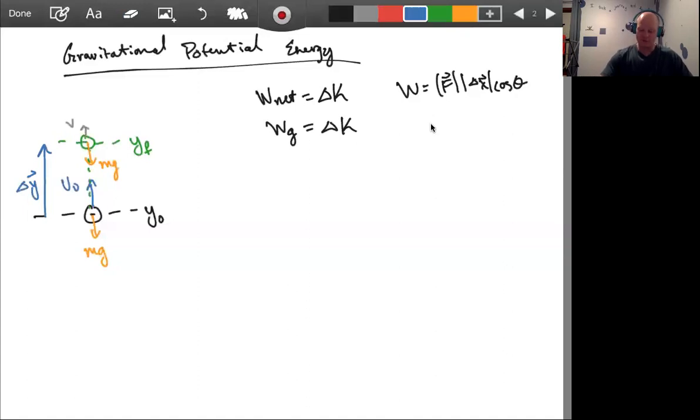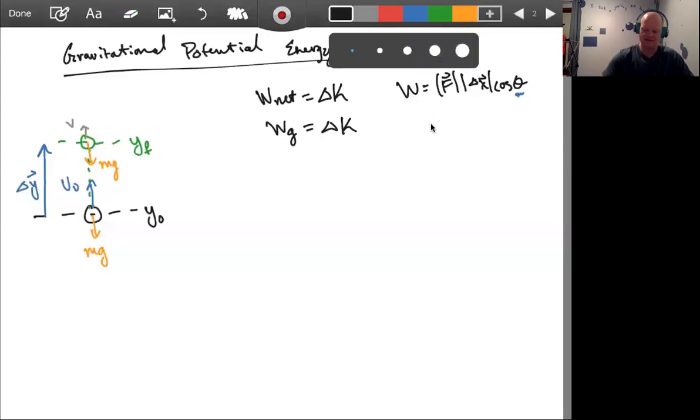My gravitational force is the only force on this thing, so it's acting downward. And remember, for the cosine of the angle, the angle specifically is the angle between the displacement vector and the force vector, which means in this case it's going to be equal to 180 degrees. Right? Because my displacement vector is upward and my gravitational force is downward, so they're anti-parallel to each other. So that's going to be 180 degrees.